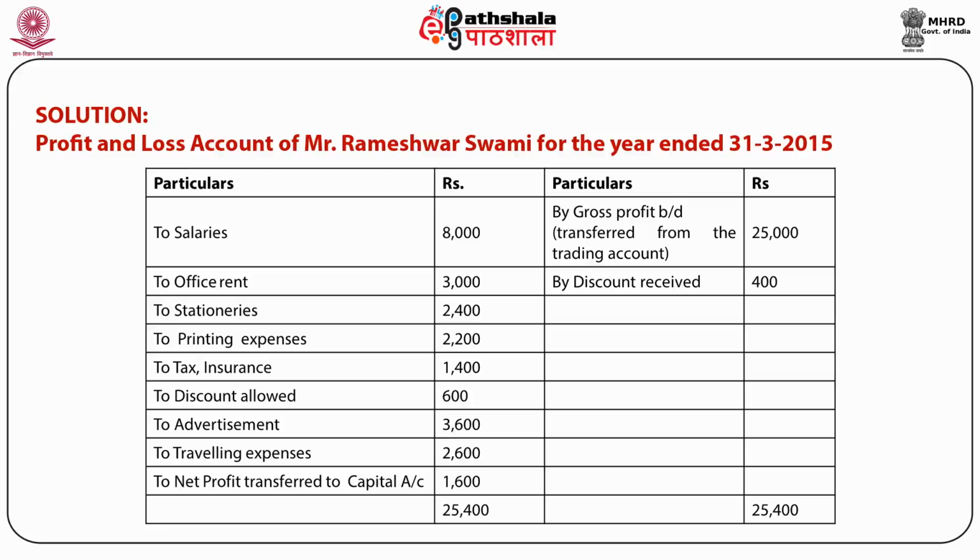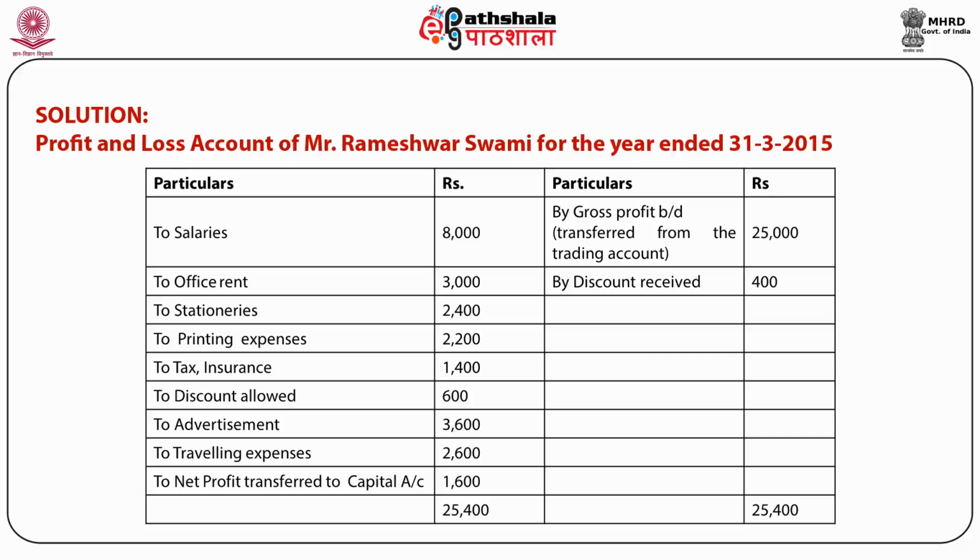So, for the purpose of calculating the balance of this account, the credit side is compared with the debit side, and the credit side is more than the debit side. It means the income of the firm is more than the expenditure of the firm. And the balancing figure is net profit, and we will transfer this net profit to the capital account.